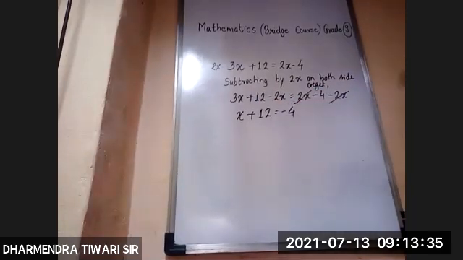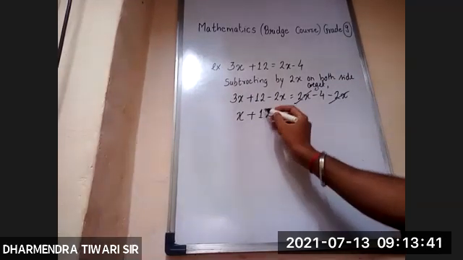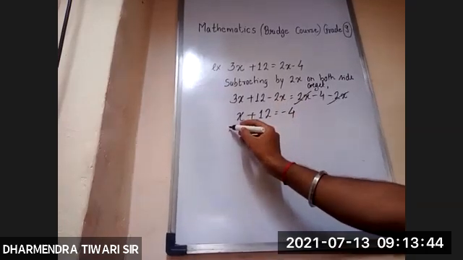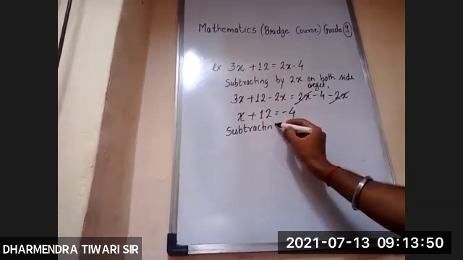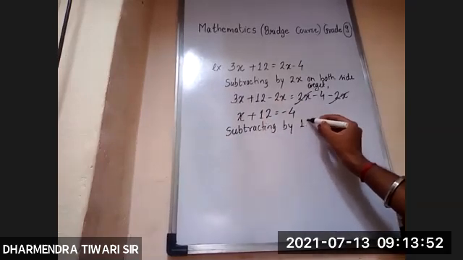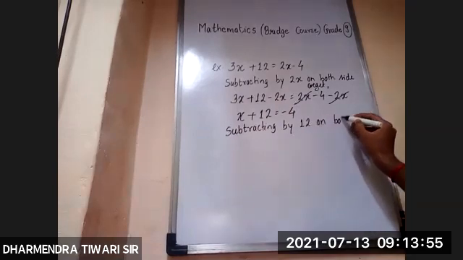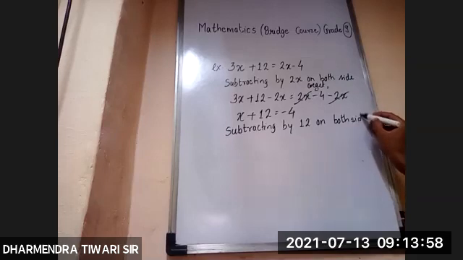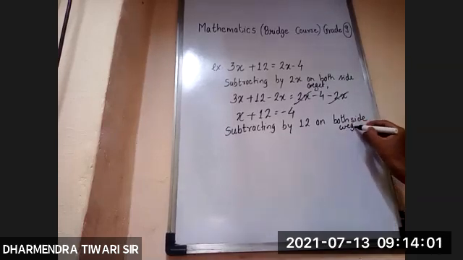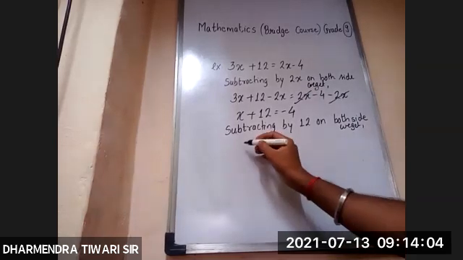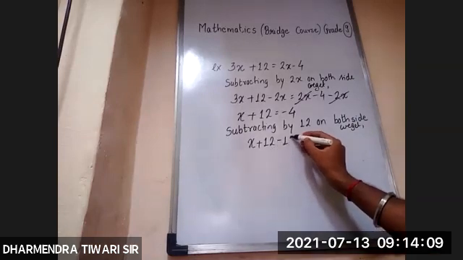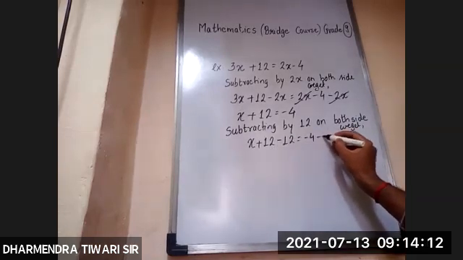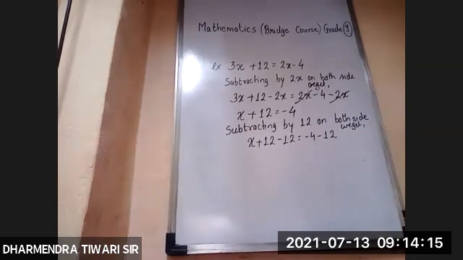Now you can see that we have to take constant terms together. So who is creating a problem? Plus 12. So subtracting by 12 on both sides we get x plus 12 minus 12 is equal to minus 4 minus 12.